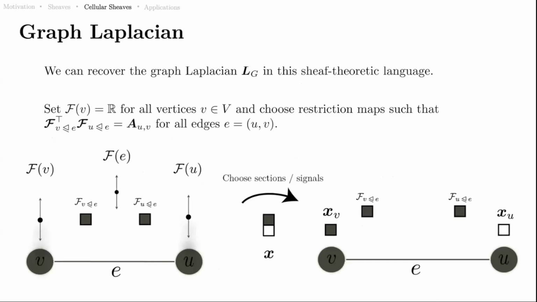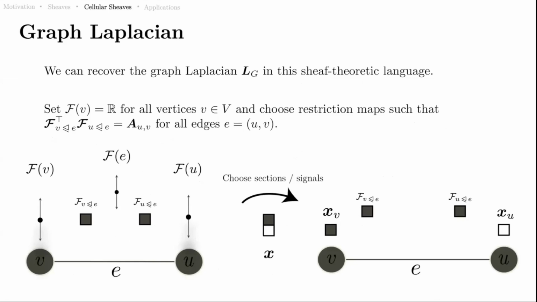As a final note, we can recover the graph Laplacian pretty easily within the sheaf-theoretic language, meaning that in some sense it is a proper generalization of spectral graph theory, at least in the cohomological sense.